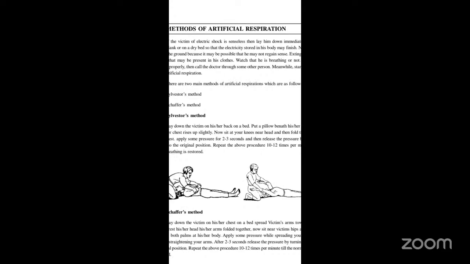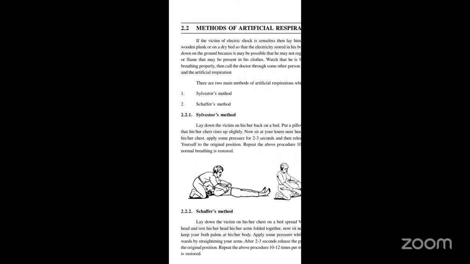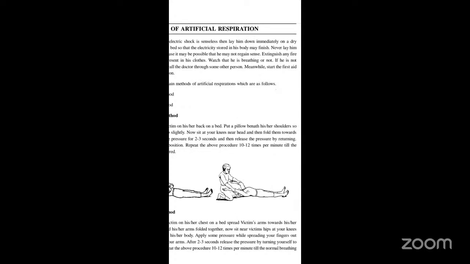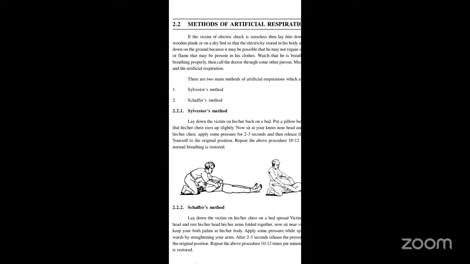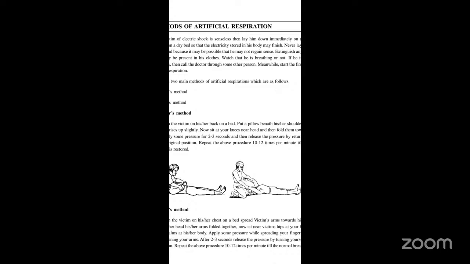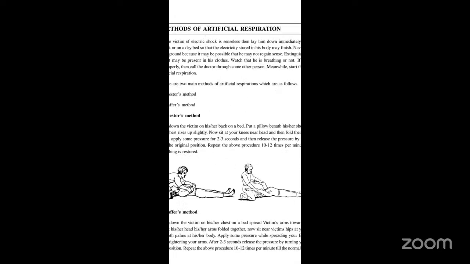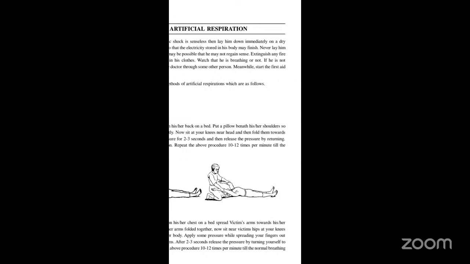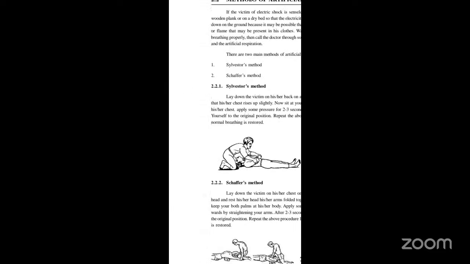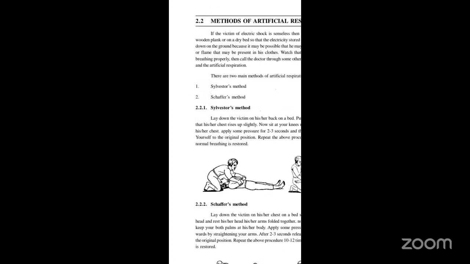Never lay him down on the ground, because he may not regain sense. Extinguish any fire or flame on his clothes. Watch whether he is breathing or not. If he is not breathing properly, call the doctor through some other person.